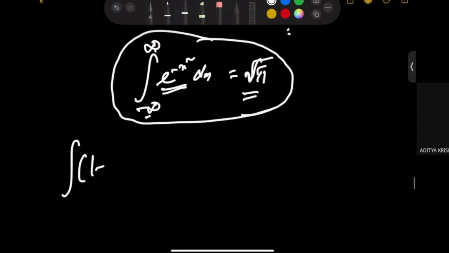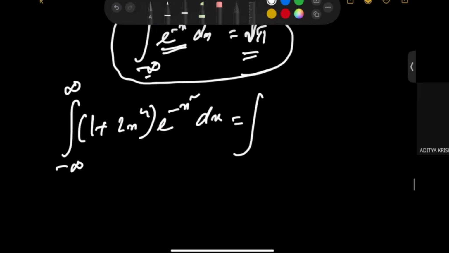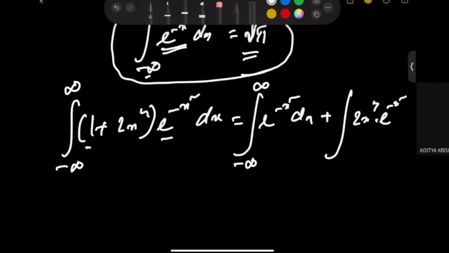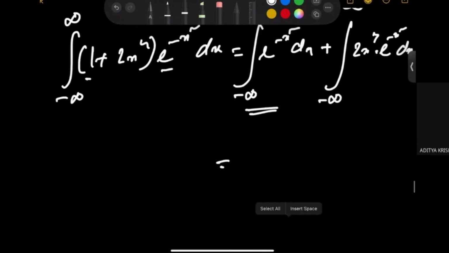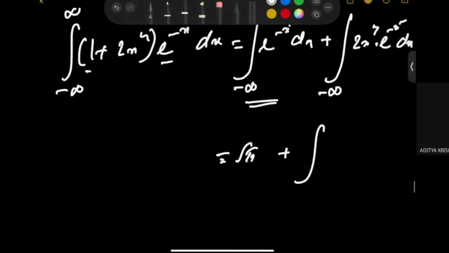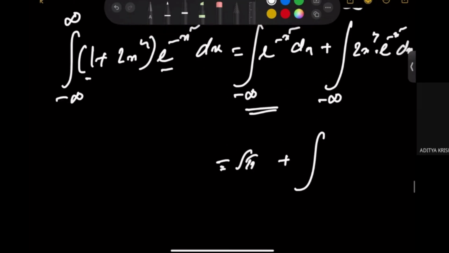The integral of (1 plus 2x power 4) e power minus x squared dx from minus infinity to infinity you can break up into two parts: the integral of e power minus x squared dx from minus infinity to infinity, plus the integral of 2x power 4 e power minus x squared dx from minus infinity to infinity. The first is root pi. So the only thing we have to work out is this integral from minus infinity to infinity of 2x power 4 e power minus x squared dx.